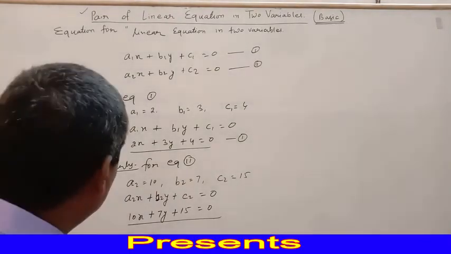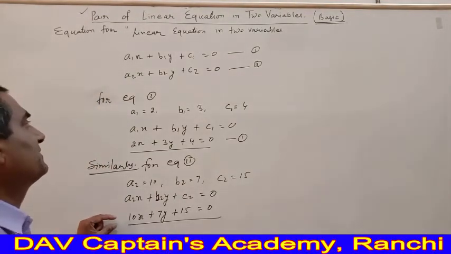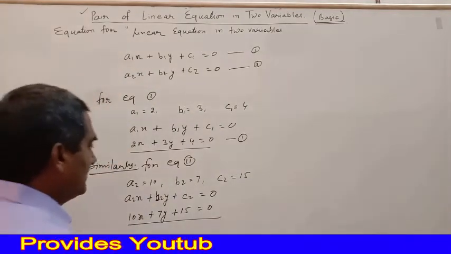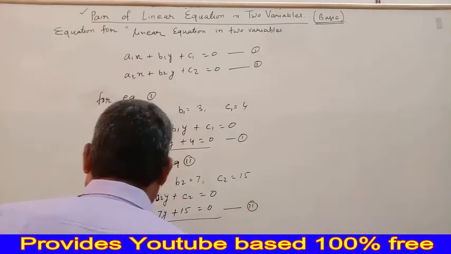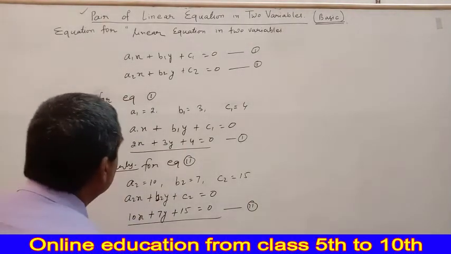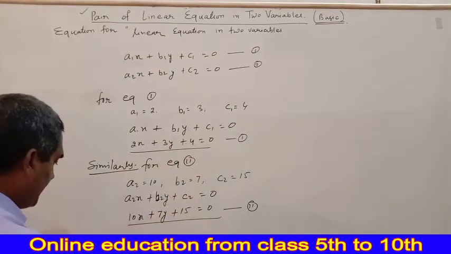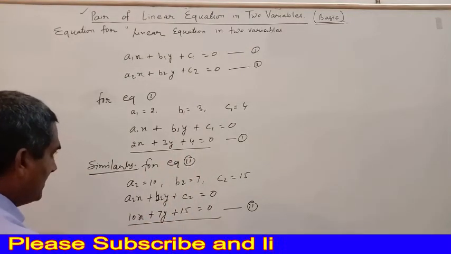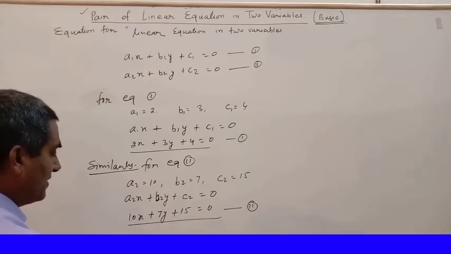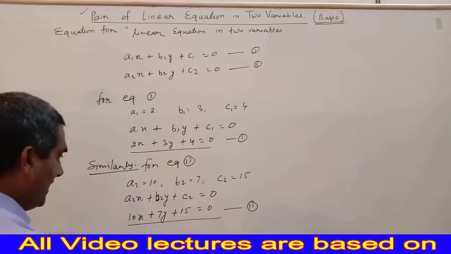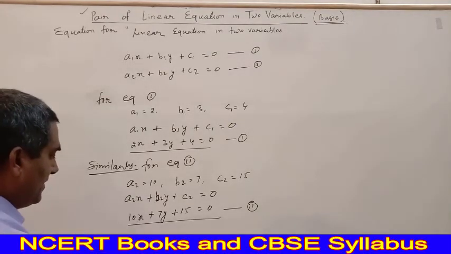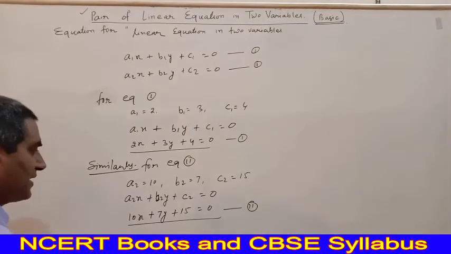So if both two equations, so what will be the equation? Now let us see. So ultimately we find equation 1 is 2x plus 3y plus 4 is equal to 0, and 10x plus 7y plus 15 is equal to 0.